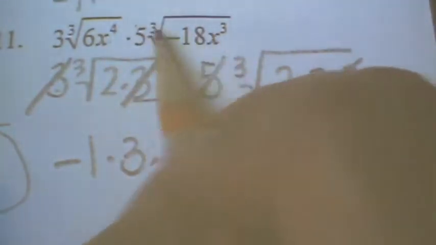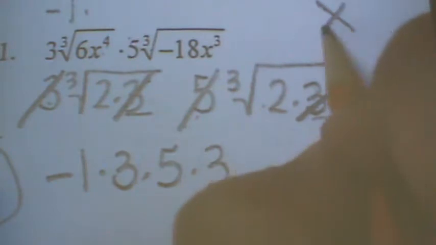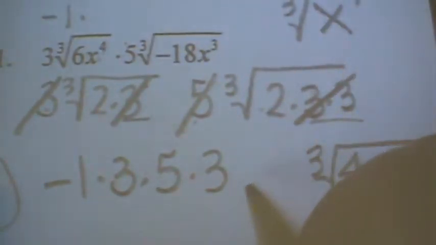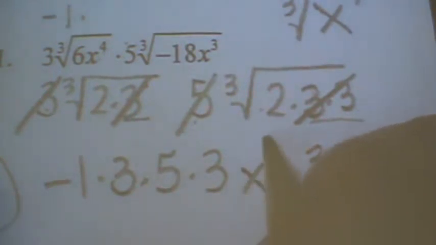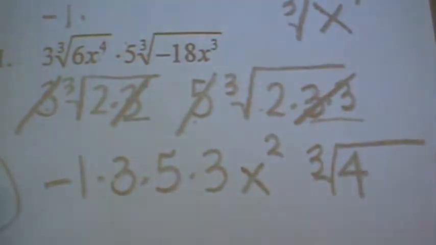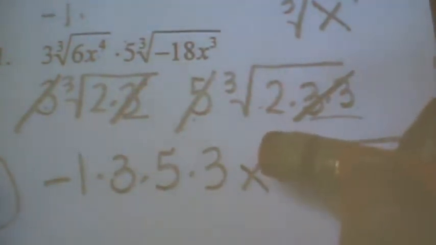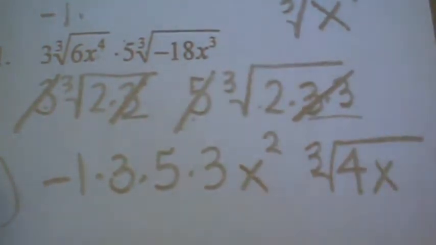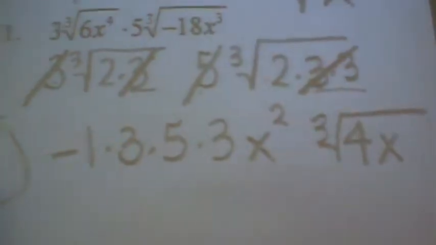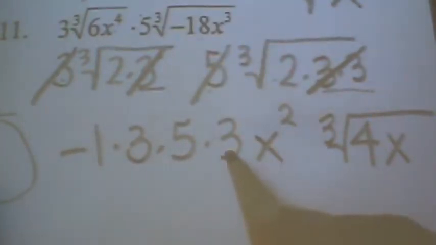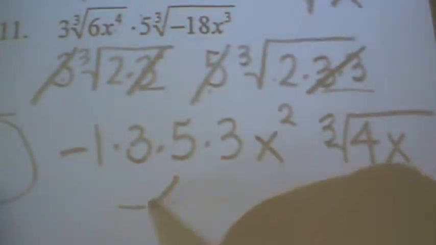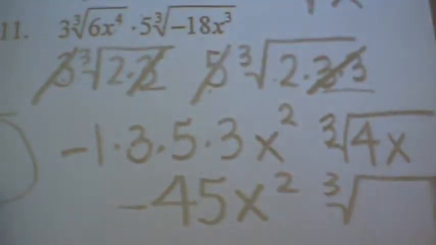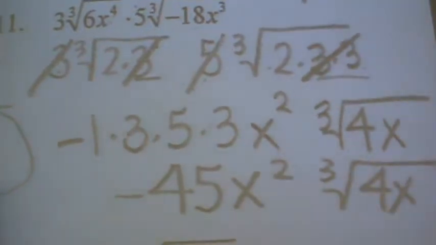How many x's do we have? 7. And if we're looking for 3 of a kind, how many groups of x's can we take out? 6. That's right. And then 1 left over. So now we're going to leave our answer like this: negative 1 times 3 times 5 times 3.